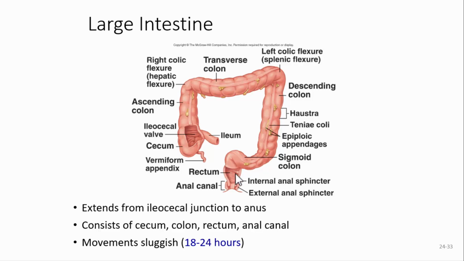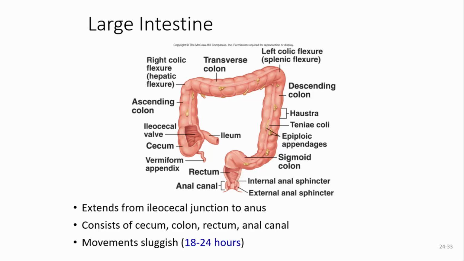And then we have the rectum right here, and then finally the anal canal. Now, movement is very sluggish through the colon. We're looking at about 18 to 24 hours.